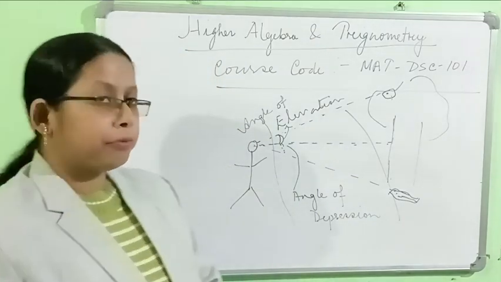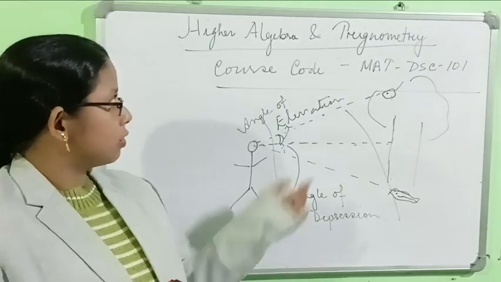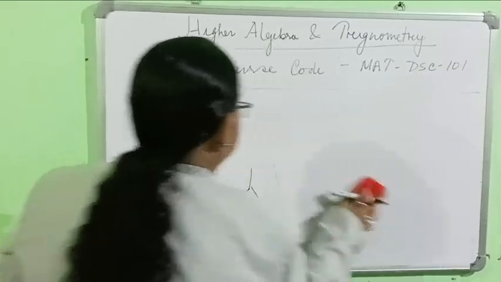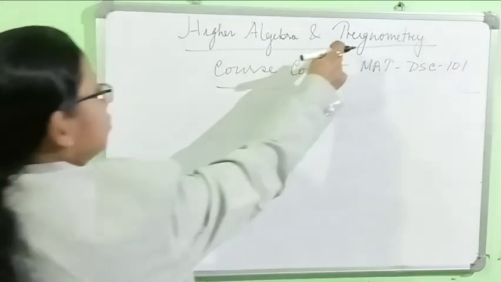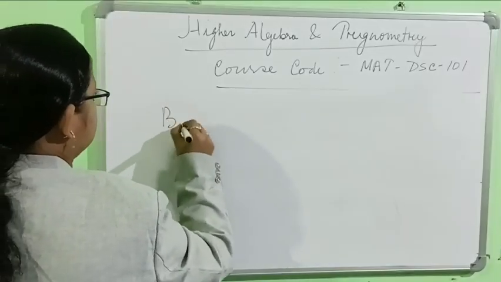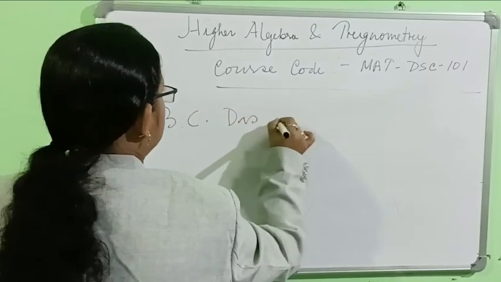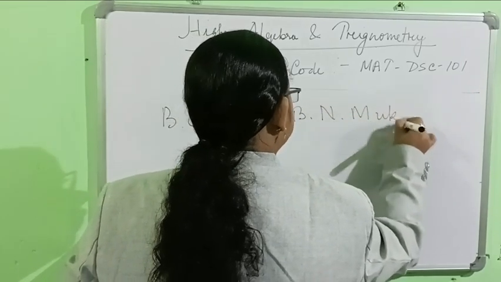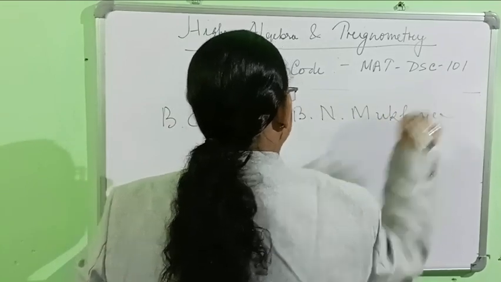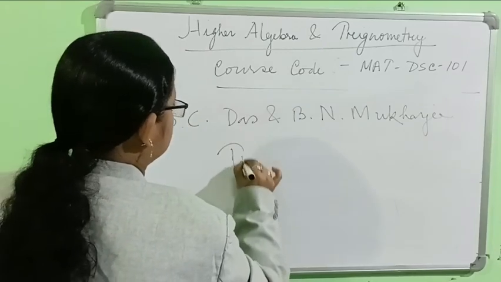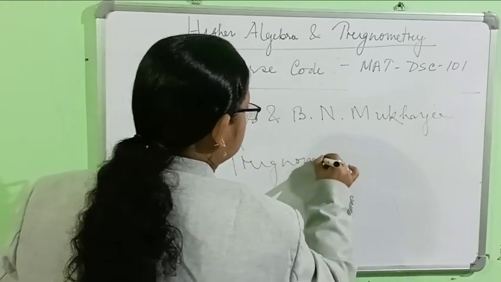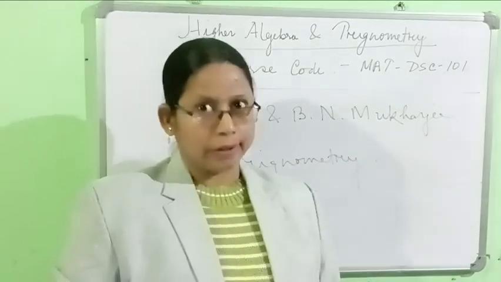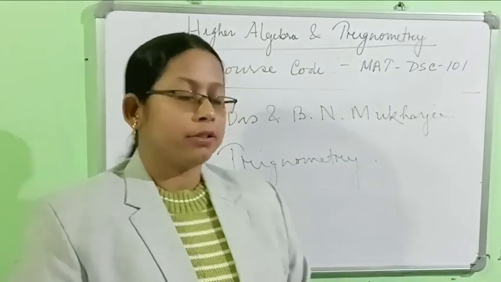The textbook required for the study of trigonometry is Trigonometry by BC Das and BN Mukherjee, Dhanpat Rai publisher.